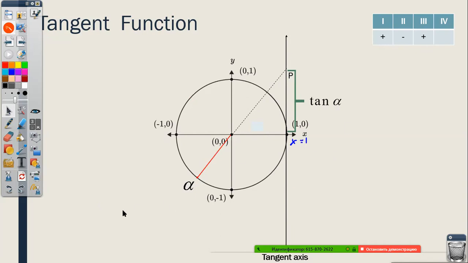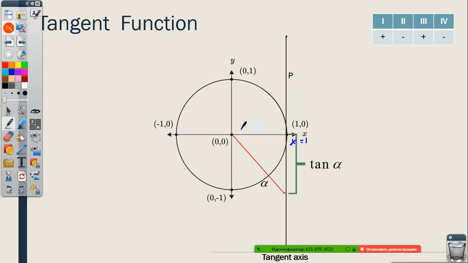In the fourth quadrant, this is our angle, from 0 to here. It intersects the tangent axis here, and this distance is tangent alpha. You see that in the fourth quadrant tangent is negative, because this distance is under the x-axis.